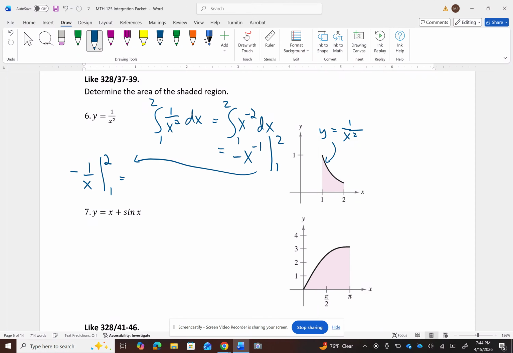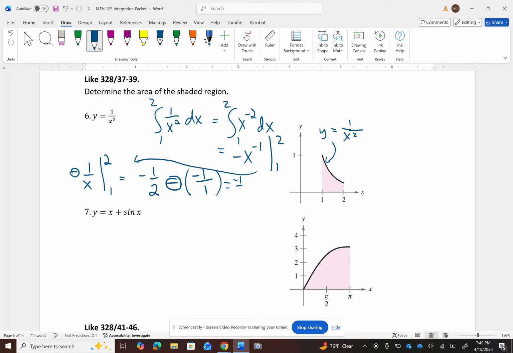So I'm going to plug in the 2, and subtract from that what happens when I plug in the 1. And the minus that I just circled, that's the minus from the formula. But then the expression we're dealing with had a negative in it. So you've got to really watch those kinds of details.